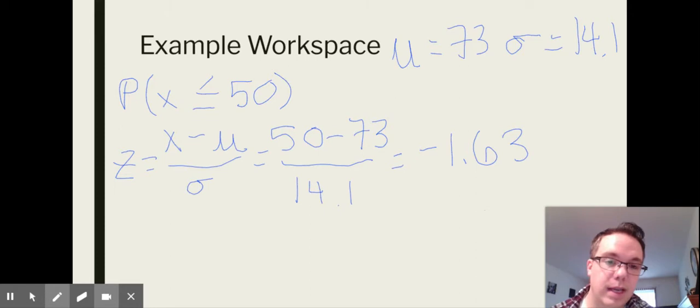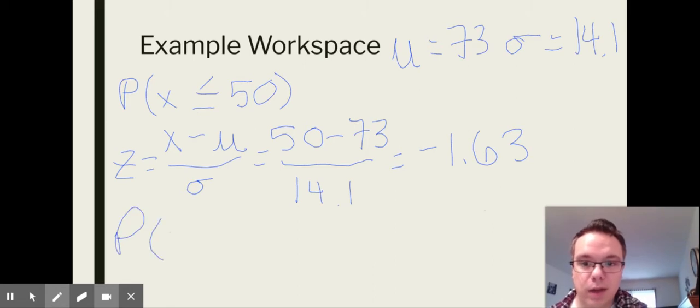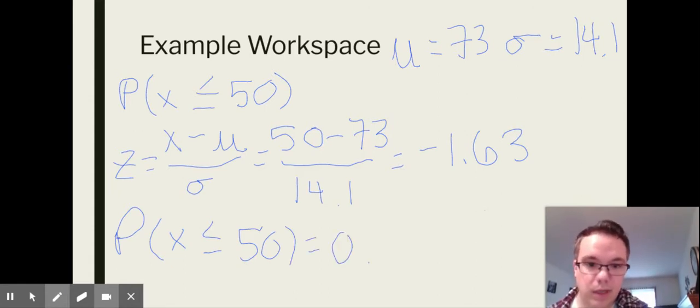So to find the probability that X is less than or equal to 50, we find the probability that a z-score is less than or equal to negative 1.63, which is the value that we get from finding the value for a z-score of negative 1.63. So if you go onto your table and you go to negative 1.6 on your y-axis, and then go over to 0.03 on your x-axis and see what number meets there, the number you get for the probability being less than or equal to 50 is 0.0516.